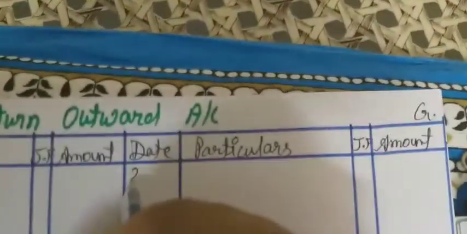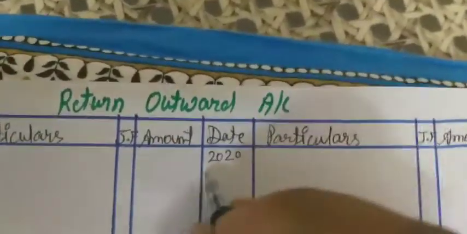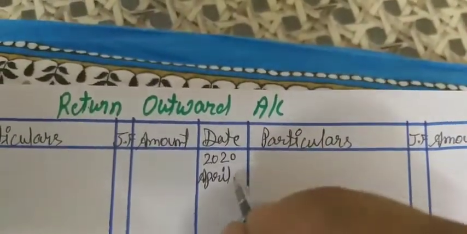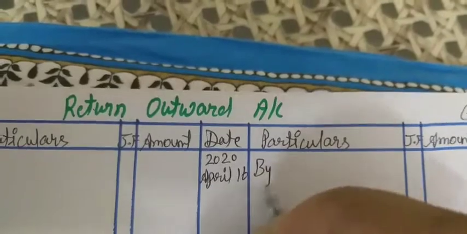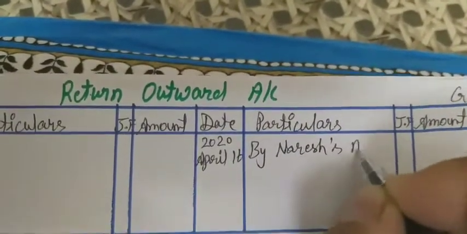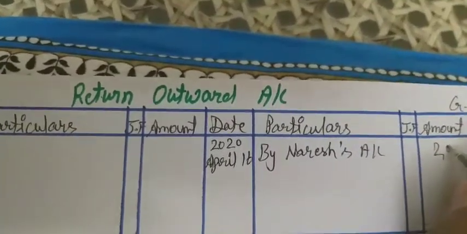So by Naresh account, 2020, April 16, by Naresh account, rupees 2,000.